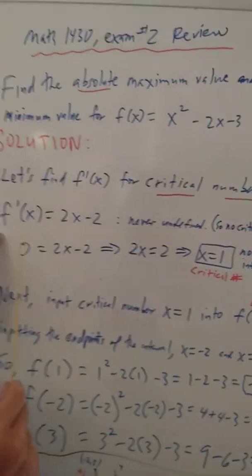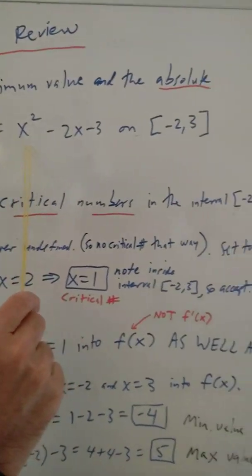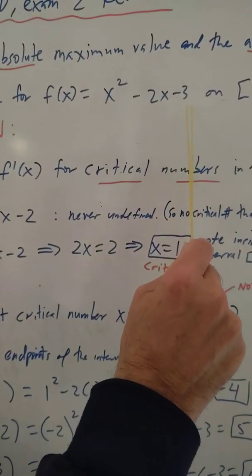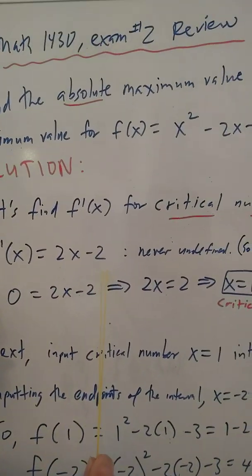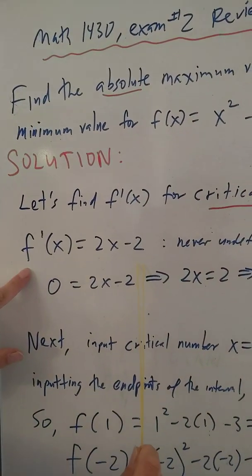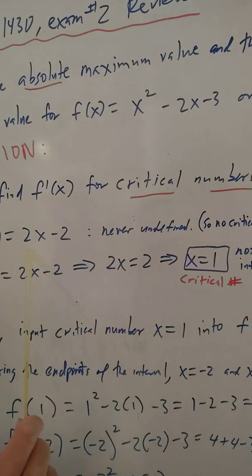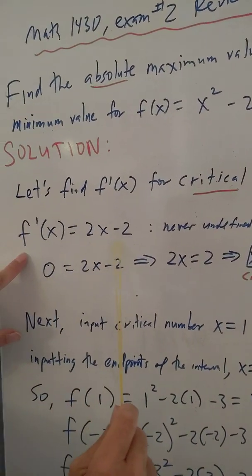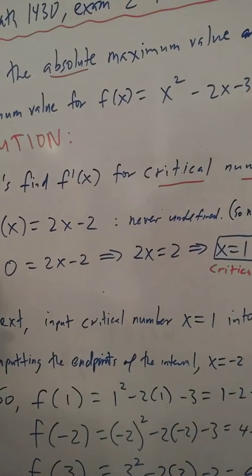So let's find the derivative. What's the derivative of the given function f of x? It's 2x minus 2 minus 0. So f prime of x equals 2x minus 2. Once you get your derivative, to find the critical numbers, there are two things you have to do. First, see where the derivative is undefined. Whatever x value the derivative is undefined at can be a critical number if it's in this interval.